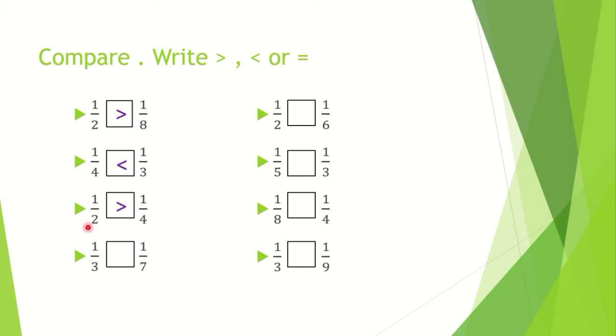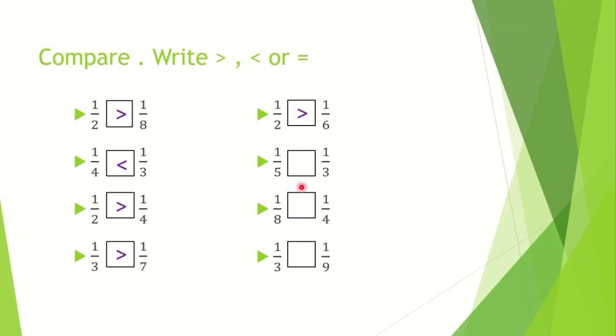Perfect. Let's see another one. I have here third or seventh. So what's the biggest, third or seventh? Perfect. Third is greater than seventh. Let's see this one. Half or sixth? Perfect. 2 is a smaller number than 6, so half is greater than sixth. Okay.